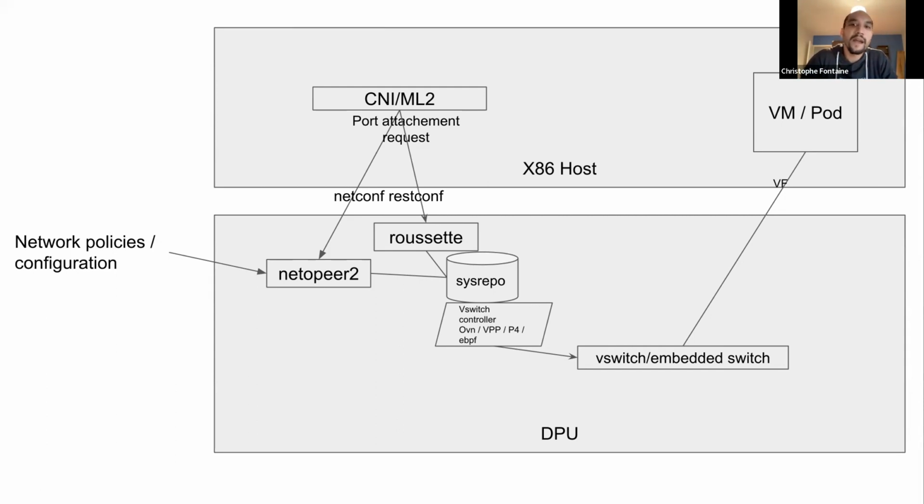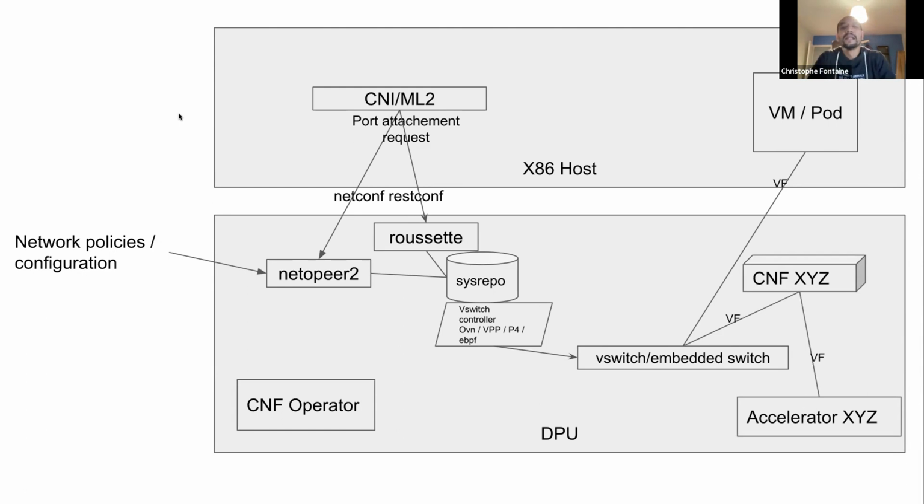And thanks to the RBAC built into NETCONF, with sysrepo and the IETF ACM, we will be able to limit the capabilities that are exposed to OpenShift or OpenStack. So that would be the basic functionality. So Erwan, if you can move to the next slide.